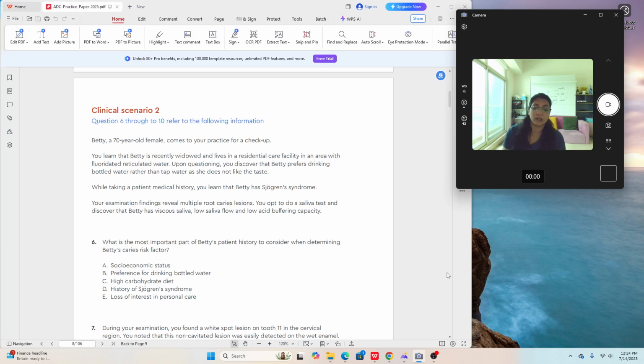Interesting scenario, very commonly asked, and at least one Sjogren syndrome question can be asked in your exam, as there is an abundance of old population in Australia, so you will encounter people over the age of 70 and the lifespan is good. So you can expect people from the age range of 70 onwards till 100 and 110 also.